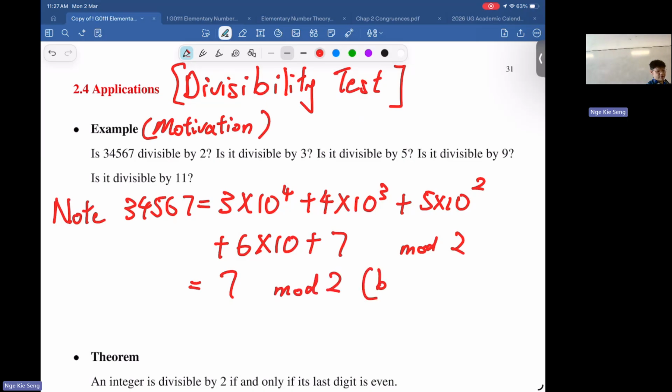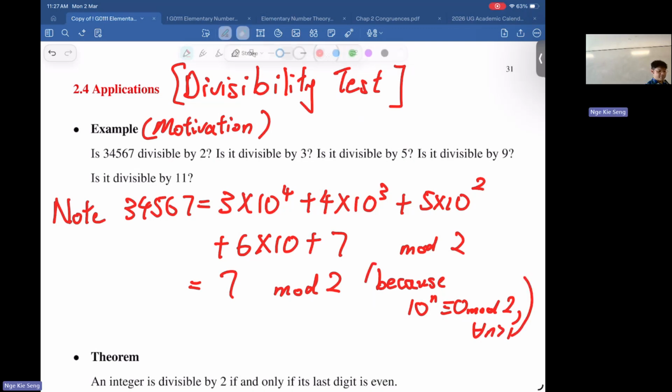The reason is that 10 to the power n is 0 mod 2 if n is greater than or equal to 1. But 7 mod 2 is 1 mod 2. It's not divisible, because to be divisible, you need the remainder to be 0.